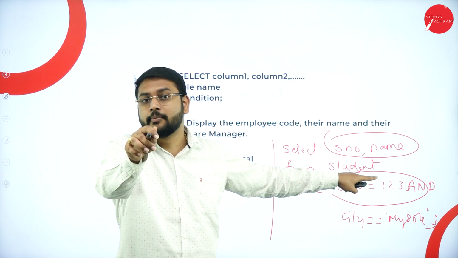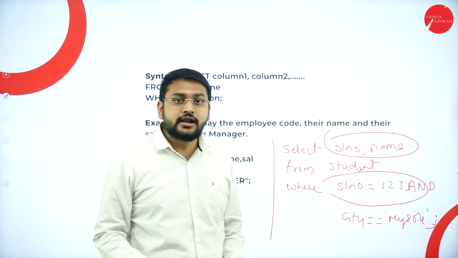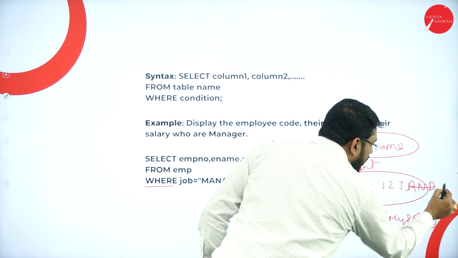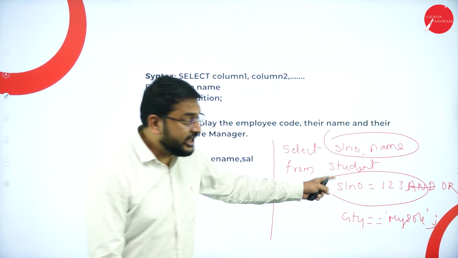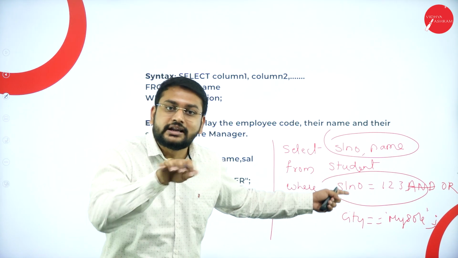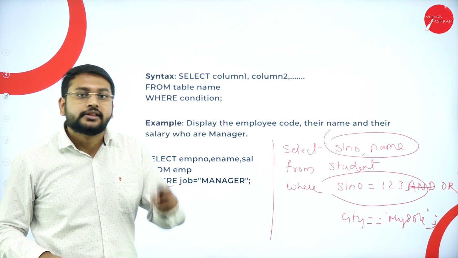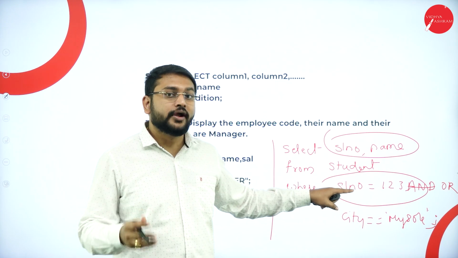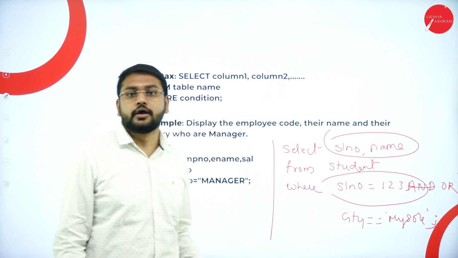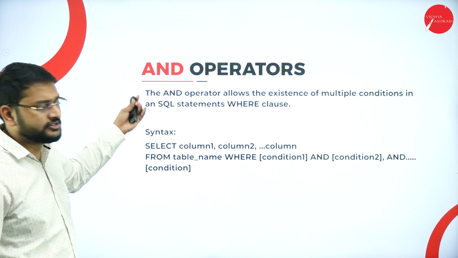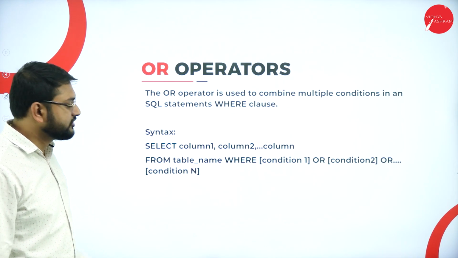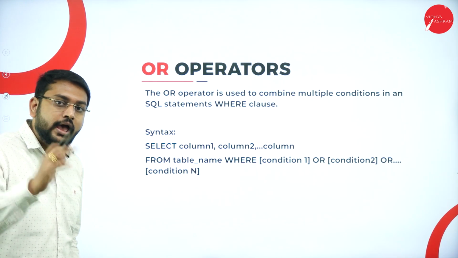That is what you need to remember. Suppose I replace this AND with OR. If any one of the conditions is true, you retrieve that. That is what you need to understand with respect to AND and OR.